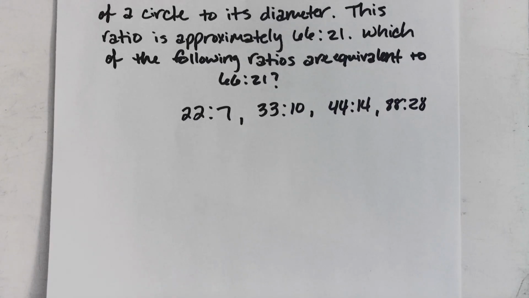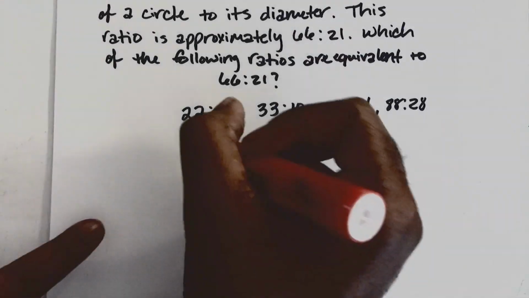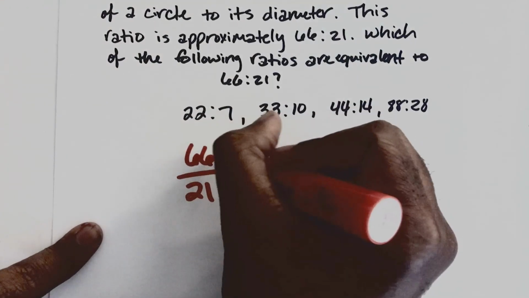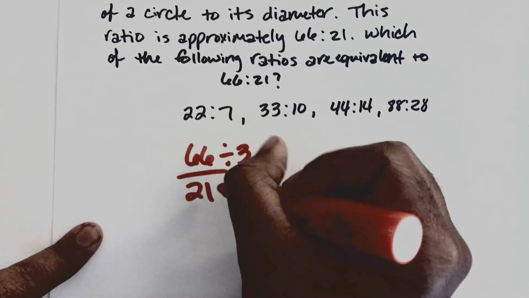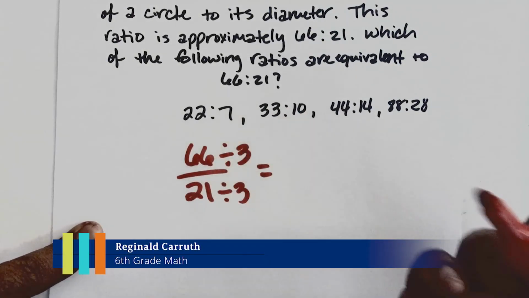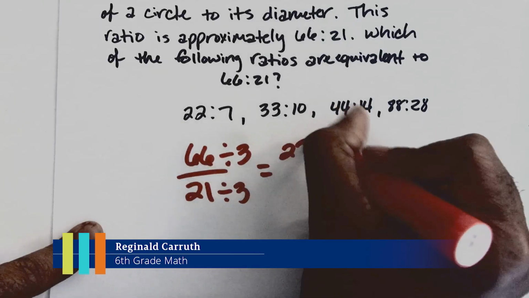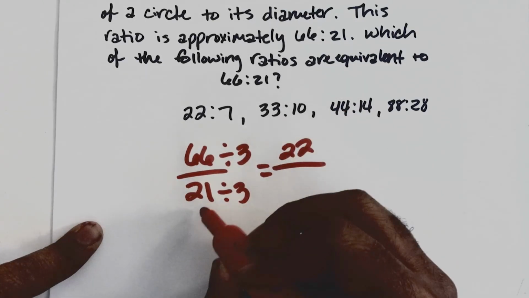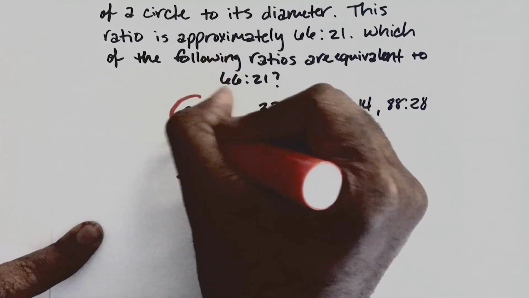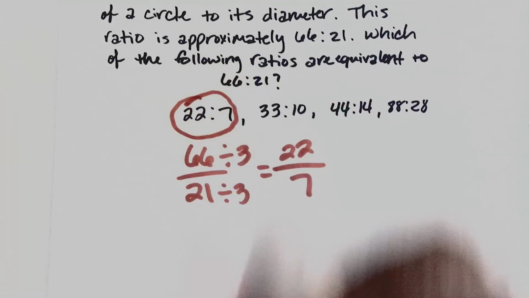So I'm going to do 66 to 21, and I'll divide them both by 3. When I do that, 66 divided by 3 is going to give me 22. 21 divided by 3 is going to give me 7. So yes, 22 to 7 is equivalent. Great job.